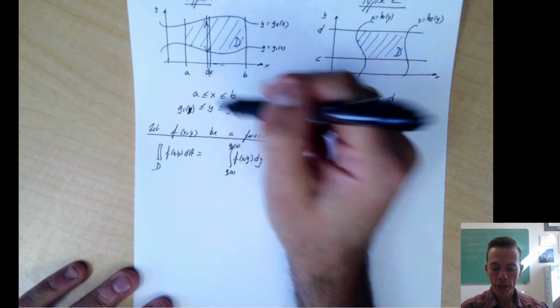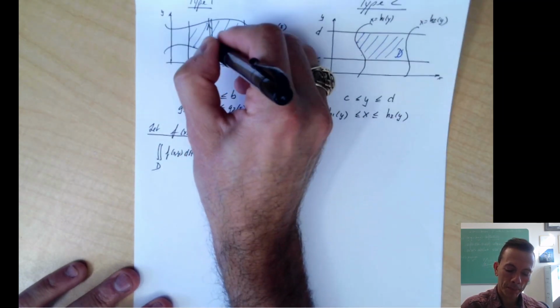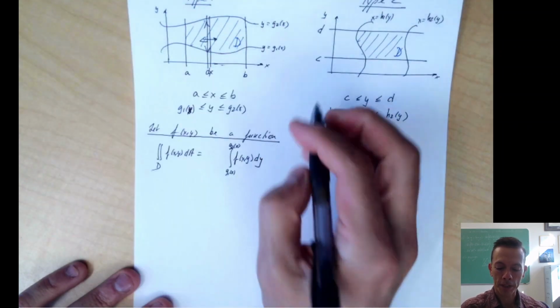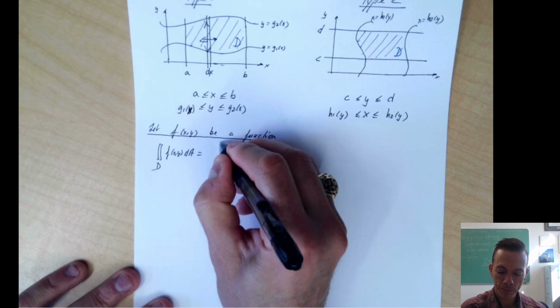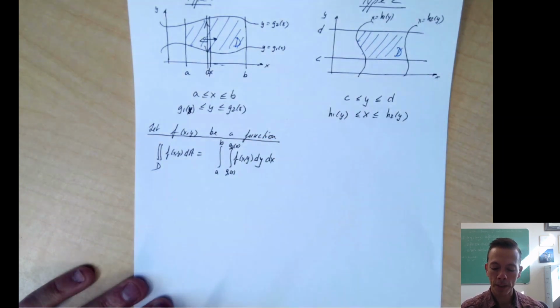So going in the y direction, and then once you have this strip done, you go in the other direction and sweep the rectangle right and left between a and b in the x direction. So you obtain a double integral written in this way.